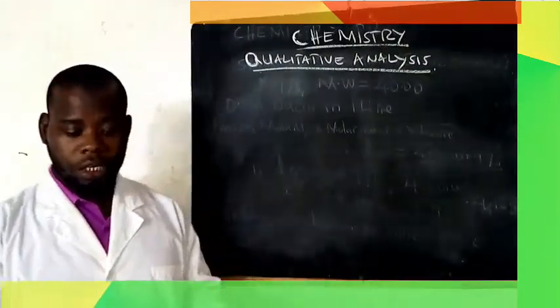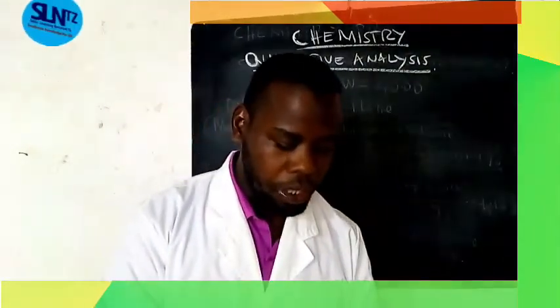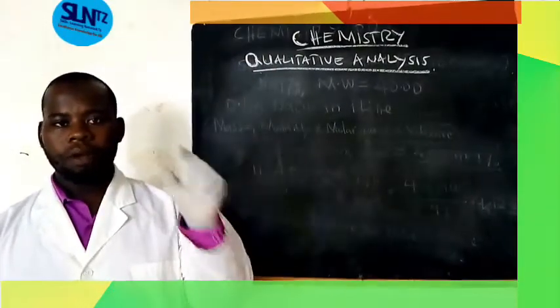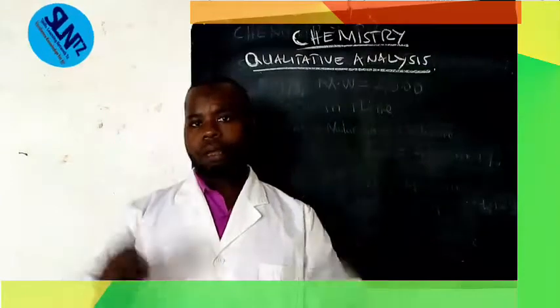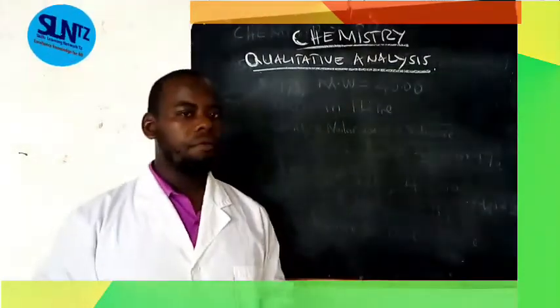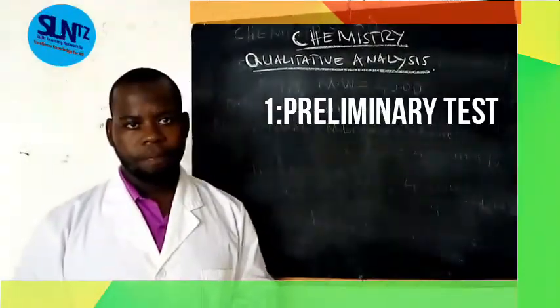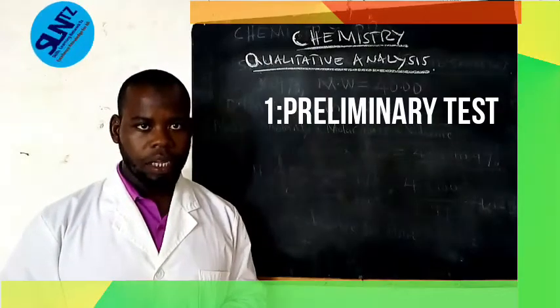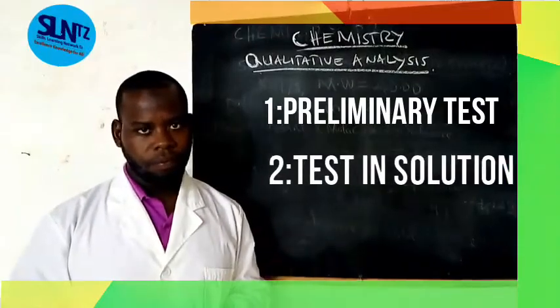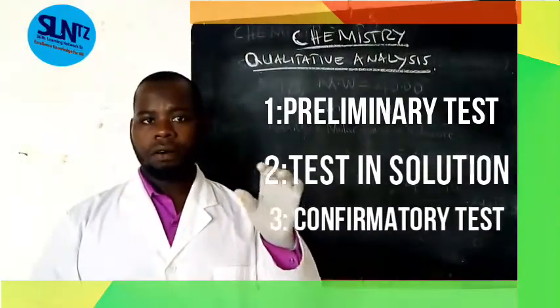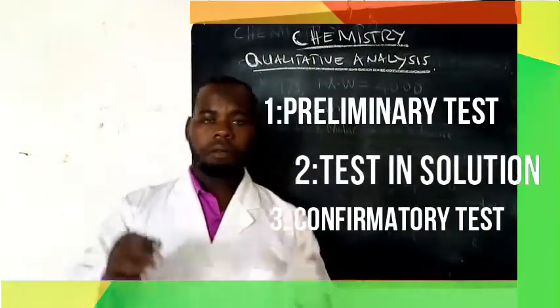When you open it, you will see the steps. In qualitative analysis, we have 3 steps. The first is preliminary test, the second is testing solution, and the last, number 3, is confirmatory testing.